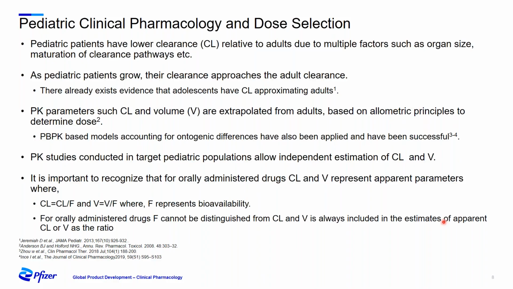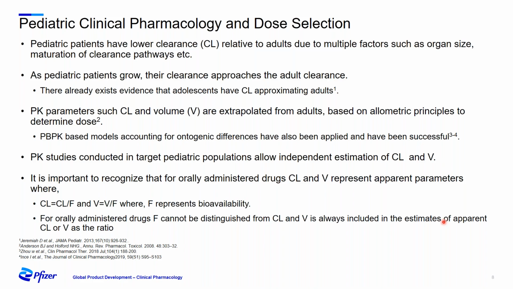And we also use PBPK-based models which account for ontogenic differences, and they have been successful. In summary, whether you use an allometric approach or a much more comprehensive PBPK-based approach, these approaches have been very successful overall in predicting doses or extrapolating exposures for the pediatric population.